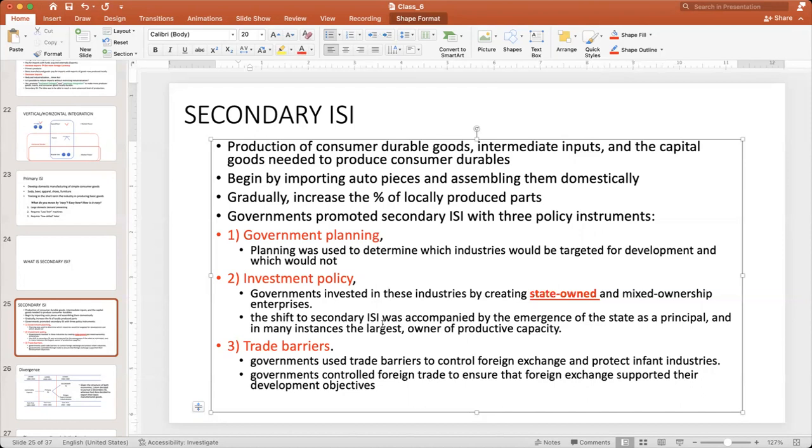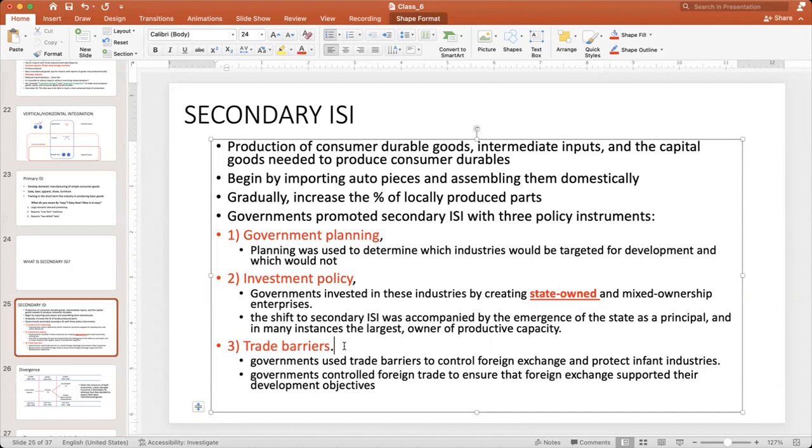And the third instrument is to impose trade barriers. Why? Because with trade barriers, such as tariffs, you are closing your economy and you are protecting your industry. So if one of our citizens wants to import, I don't know, a bicycle, we are going to increase the tariff that person has to pay in order to import that product, to discourage him.